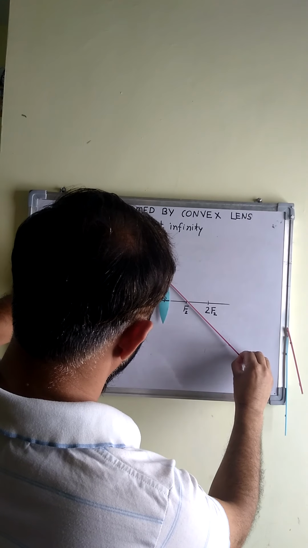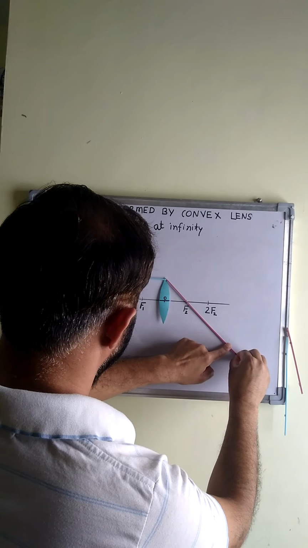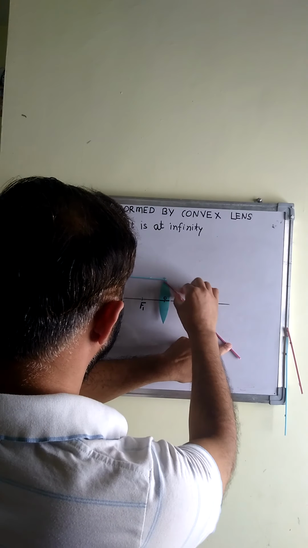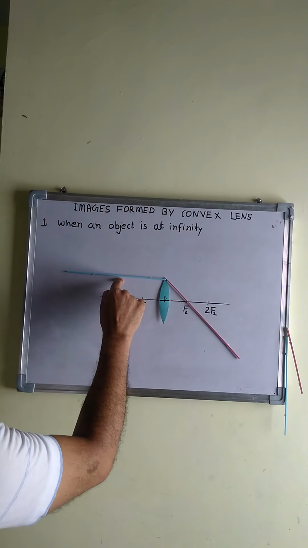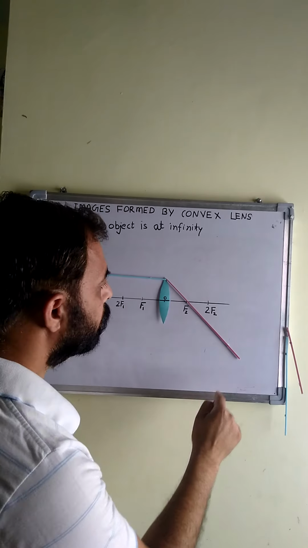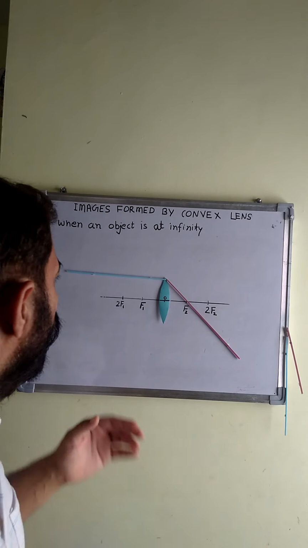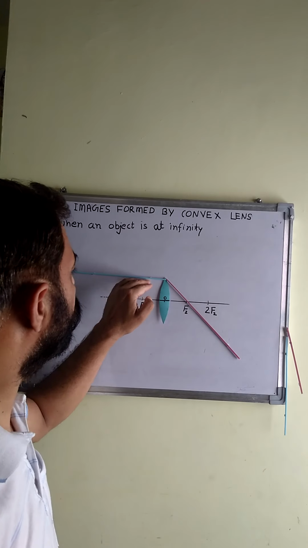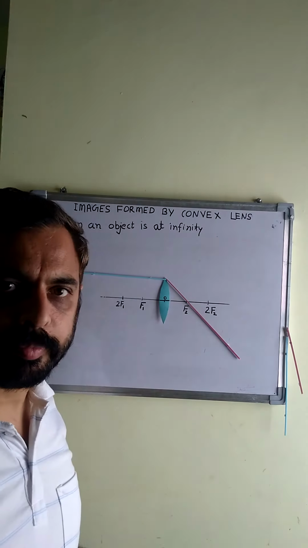I try to take different kind of sticks, the color is different, so that clearly it will be visible to us. That sky blue color stick is incident ray and purple color is emergent ray. So this is the first rule we have applied. When incident ray is parallel to principal axis, emergent ray is passing through focus.